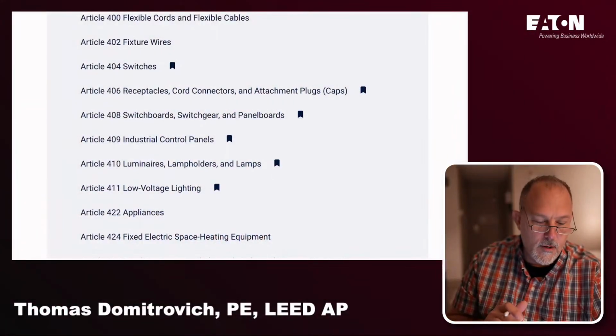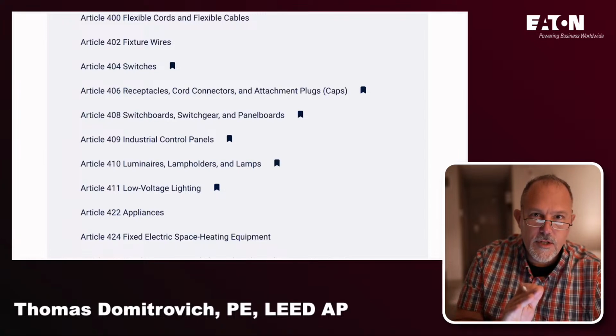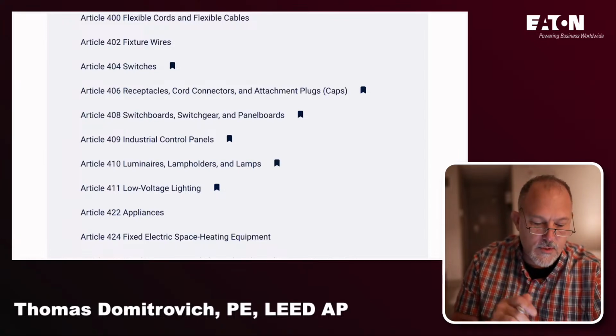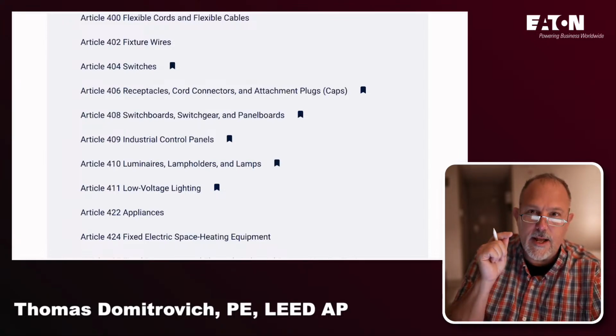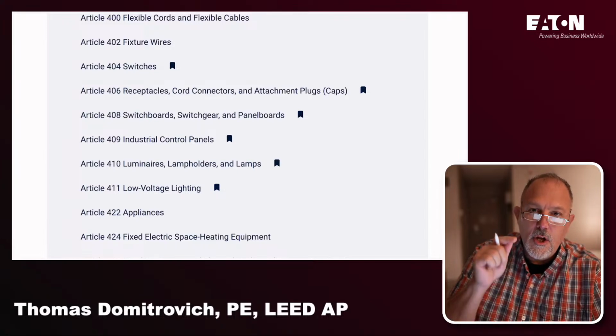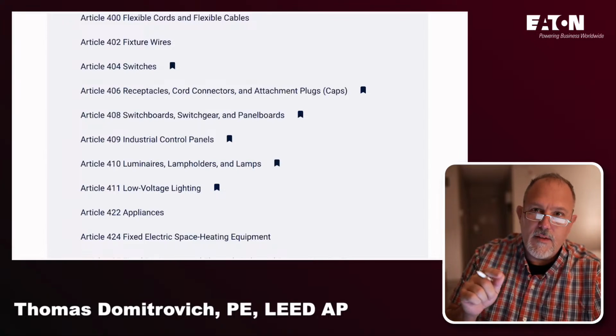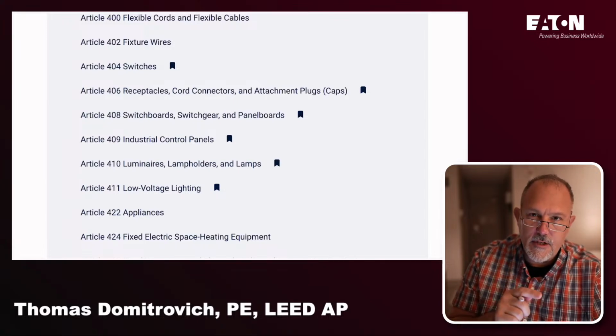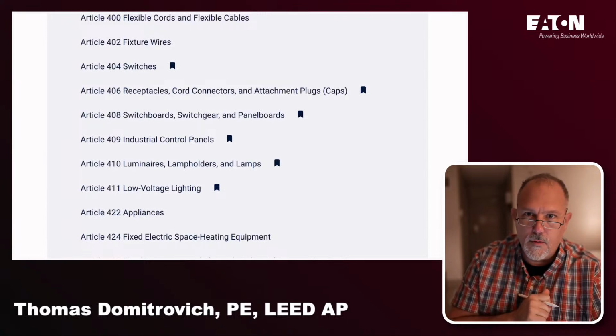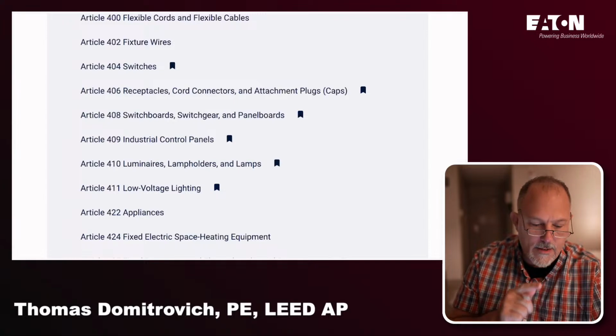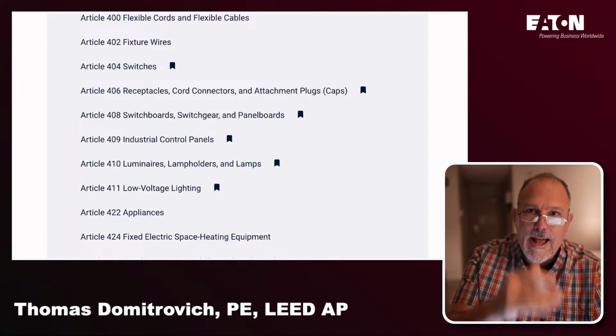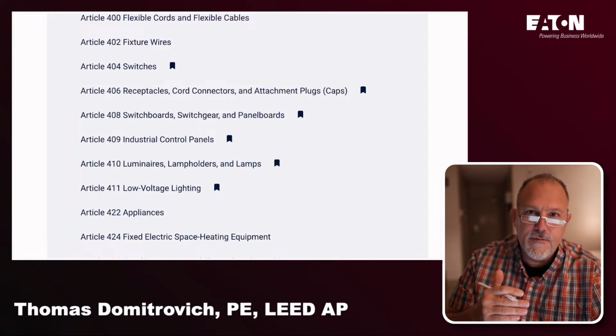Look at what it was before. Switches was 404, but 406 was receptacles, cord connectors, and attachment plugs. So they've created a definition of what a wiring device is, changed the title of Article 406 to wiring devices, and moved snap switches into 406.